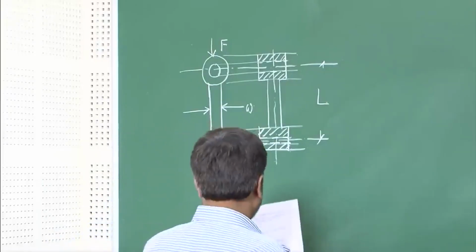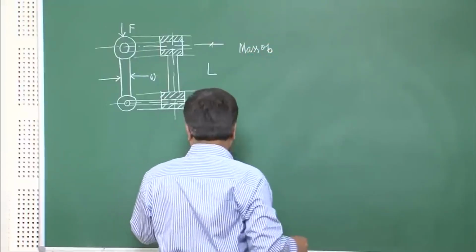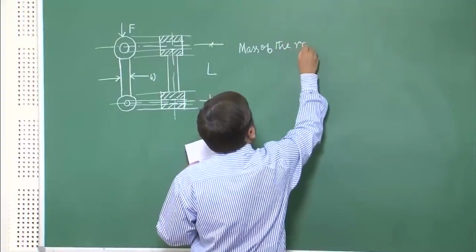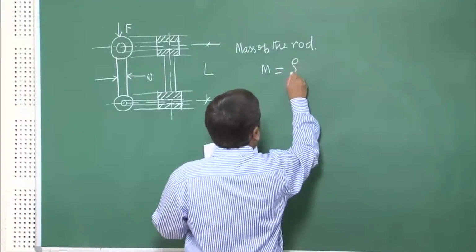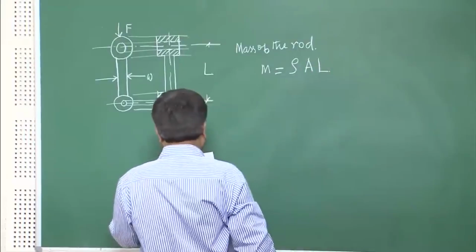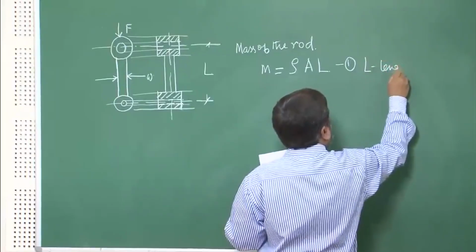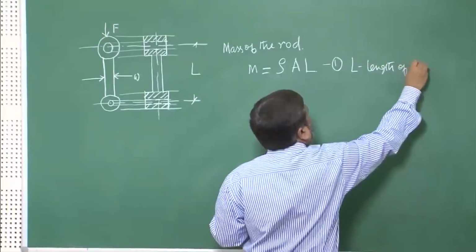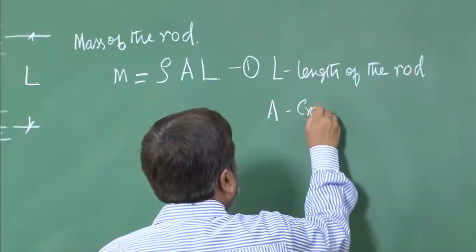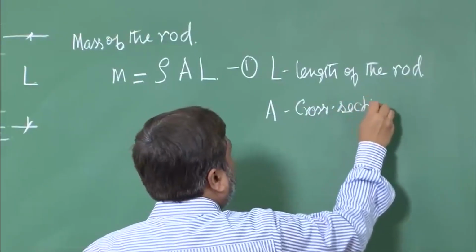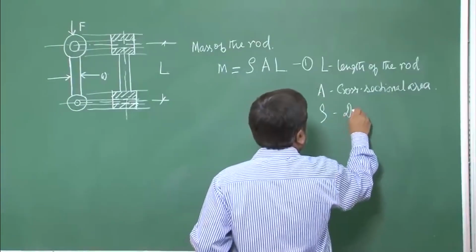So, what is the mass of it? Let us say, if we neglect the two sides, then the mass of the rod, M, equals simply rho A L, where L is the length of the rod, A is the cross sectional area, and rho is the density of the material.